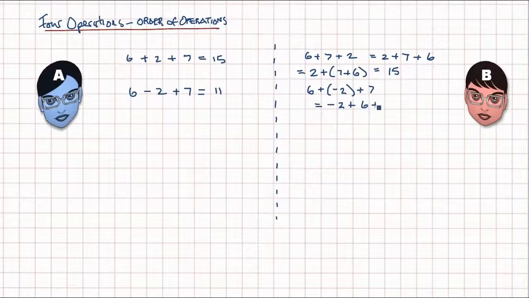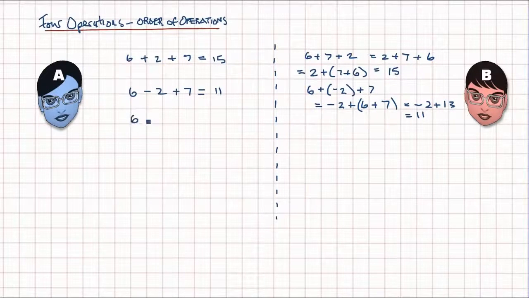They could change that to -2 plus 6 plus 7. They could do grouping and associating, and they're going to get the right answer every time. So we've got -2 plus 13, which is 13 subtract 2, 11. So some potential confusion here, but as long as B understands the rule that you must subtract the 2, then everything's going to be okay.